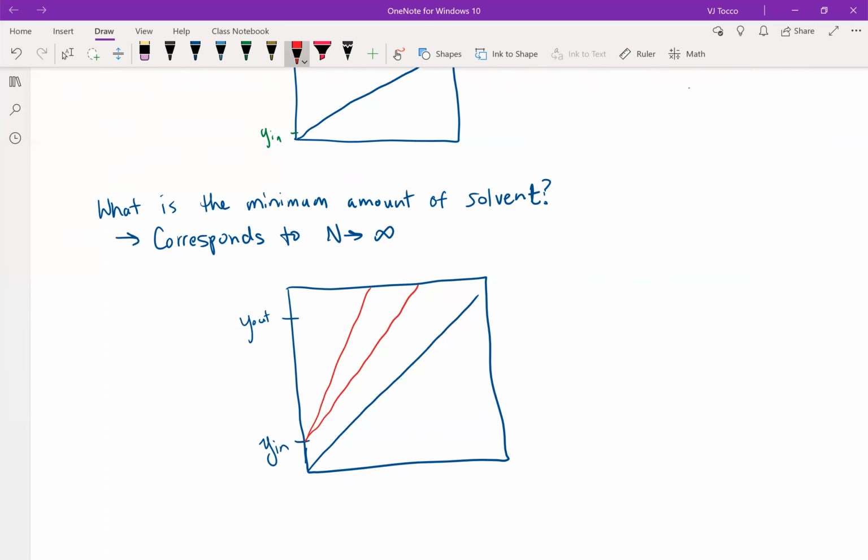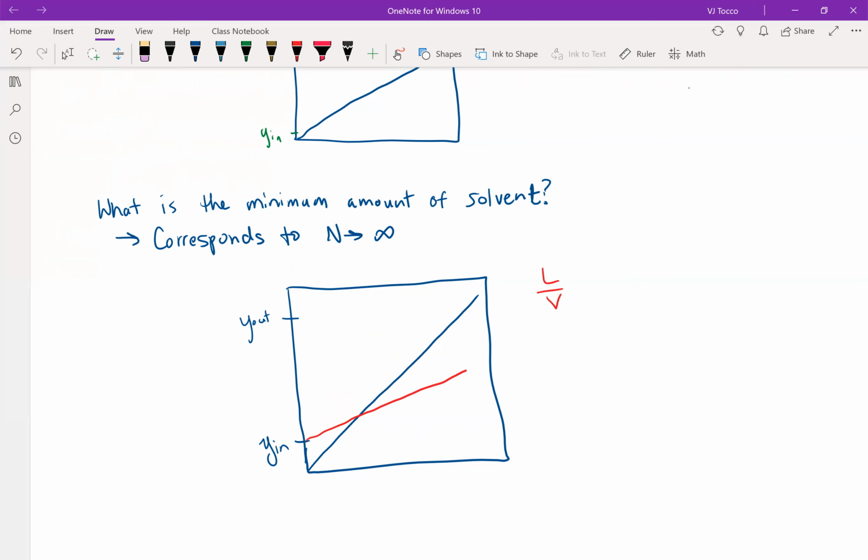Let's say that all these operating lines are potential L's. So as L is decreasing, the slope of my line is also decreasing, because again, the slope of the line is L over V. Well, by doing this experiment, it should become clear that below a certain amount of flow rate, I'm going to have an operating line at which it's not even possible to get to y out.